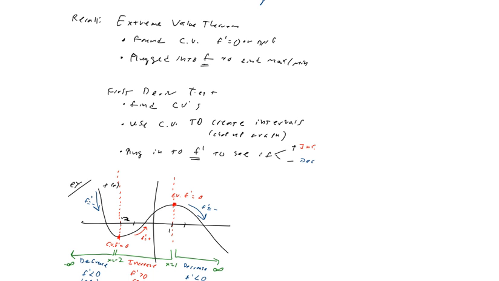Because of those critical spots, everything in between those critical values is doing one of two things. It's either increasing, graph's going up in that section between the critical values, or it's decreasing between the critical values. So the first derivative test, you're plugging into the derivative. You're testing the derivative to determine in the section, is it increasing or decreasing?